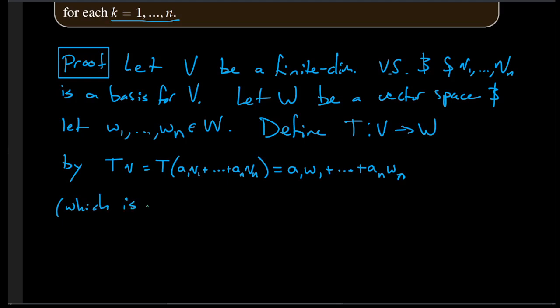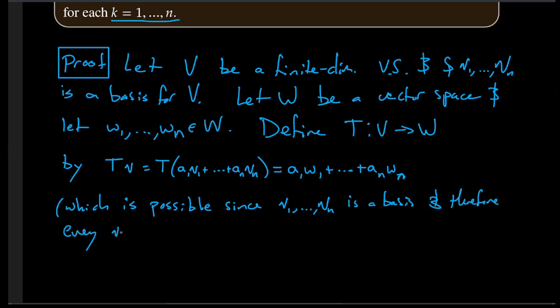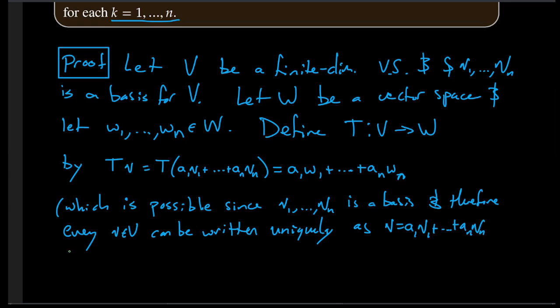This is possible since v1 through vn is a basis, and therefore every v in V can be written uniquely as v equals a1 v1 plus dot dot dot all the way down to an vn for some a1 through an field elements.